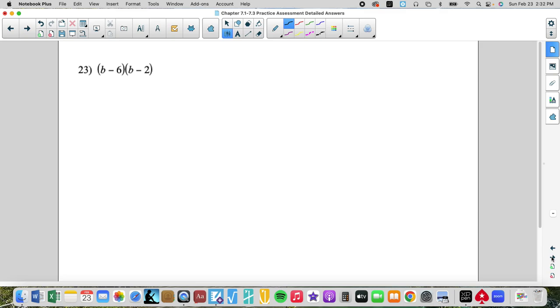Part 2 of 7.2 is multiplying binomials. A binomial times a binomial. So if we saw this b times this binomial, we would do b times b and b times negative 2. If we saw this negative 6 times this binomial, we'd multiply negative 6 times b and negative 6 times negative 2. So that's how we do it. It's a double distribution.